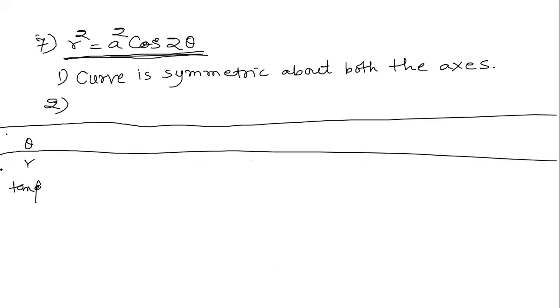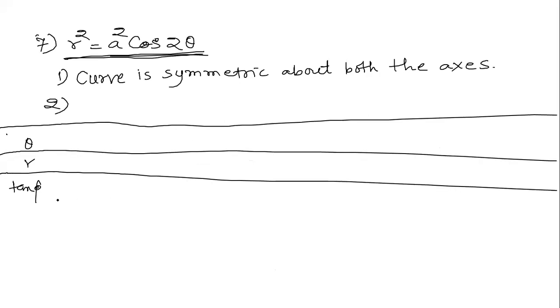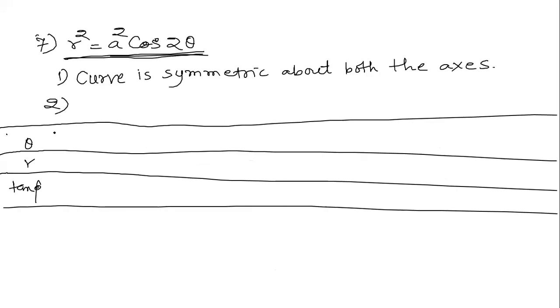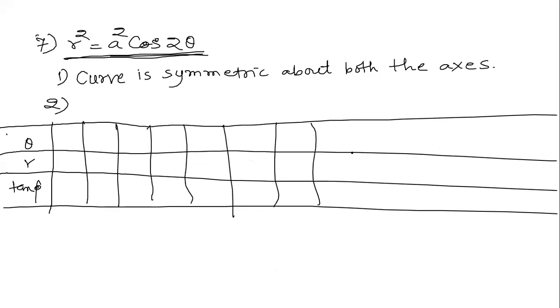There will be 12 values: one, two, three, 4, 5, 6, 7, 8, 9, 10, 11, 12.